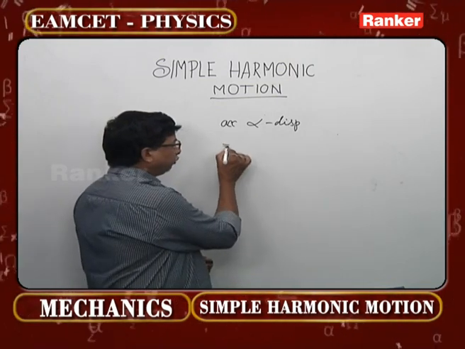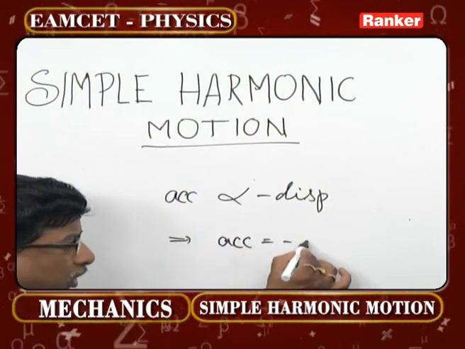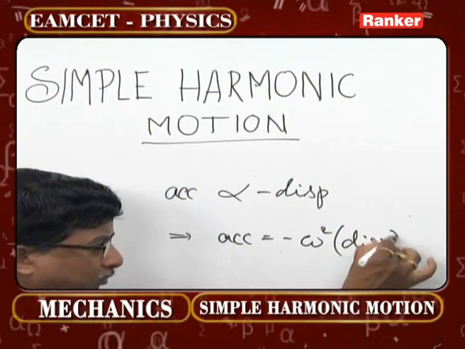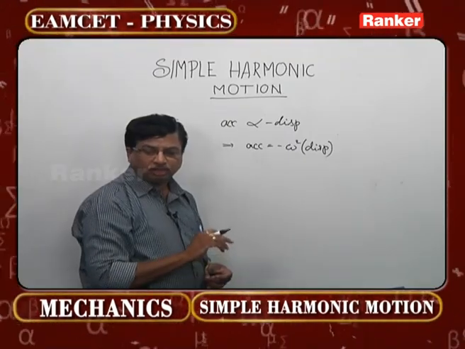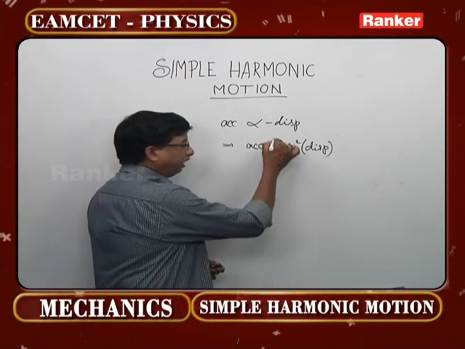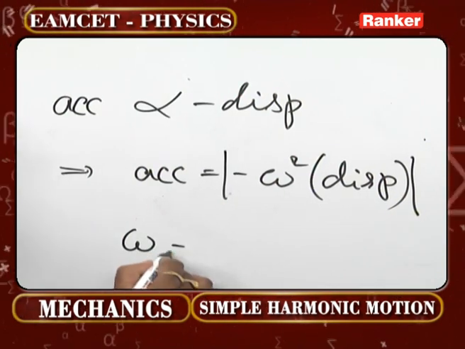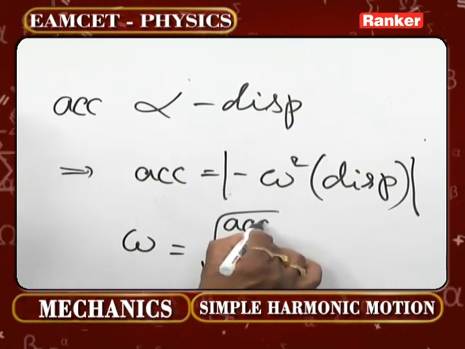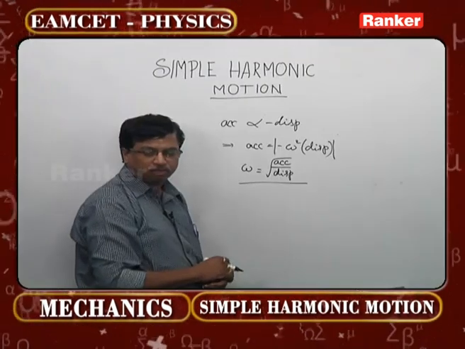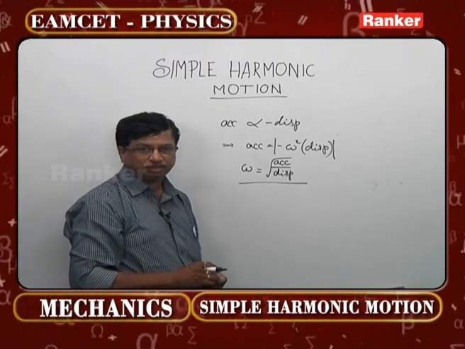Now, by looking at this, you can understand directly that acceleration is equal to omega square multiplied by displacement. Omega square is the constant of proportionality in this case. When I take only the magnitude, omega can be written as under root acceleration by displacement. This in fact is the basic equation one should remember as far as simple harmonic motion is concerned.